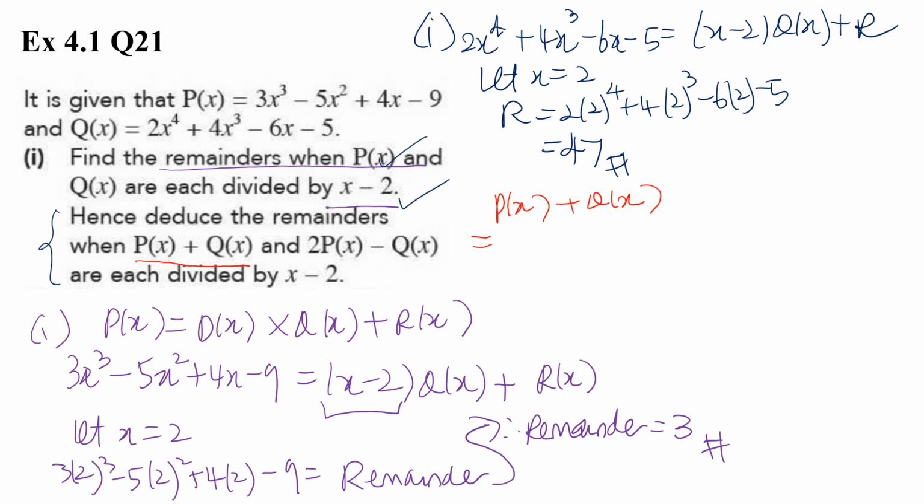The remainder of p of x is 3. The remainder of q of x is 47. So the remainder for both of them would have to be 47 plus 3.